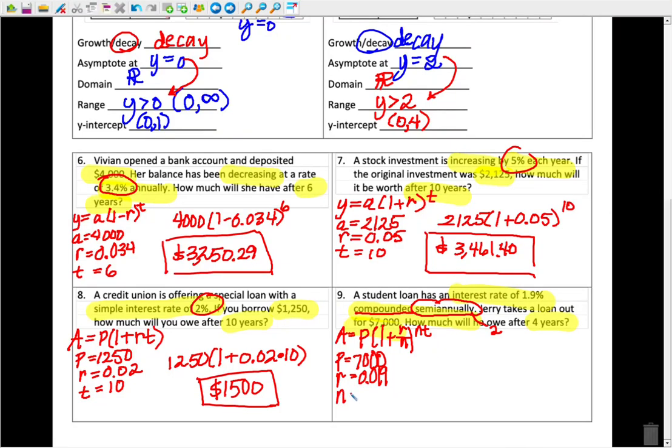The number of times compounded is 2 because it's semi-annually. And the time is 4 years. So let's just write this down. And I got $7,550.03.